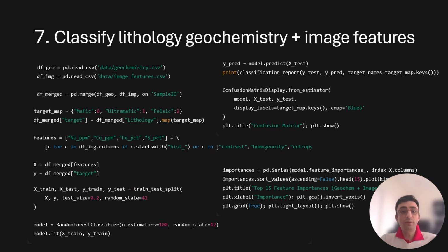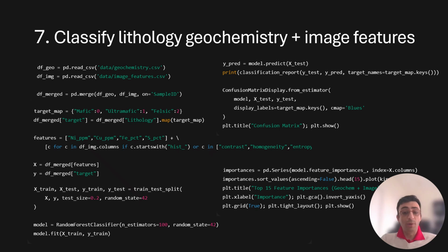The model we are using is a random forest classifier, and our outputs are accuracy, confusion matrix, and top features. So we are merging numeric geochemistry with cheap but useful image descriptions.